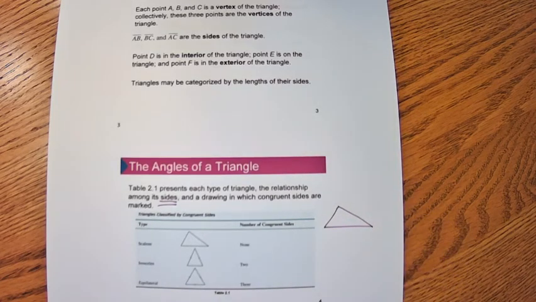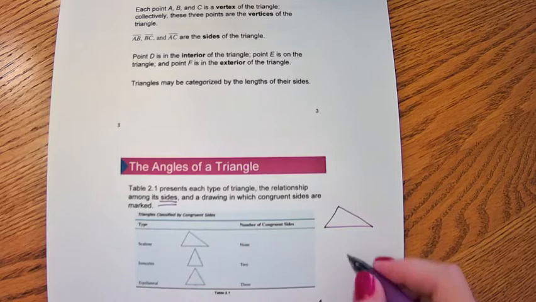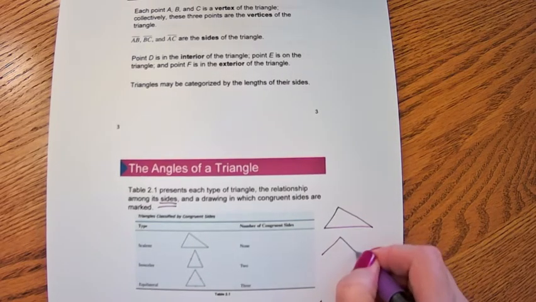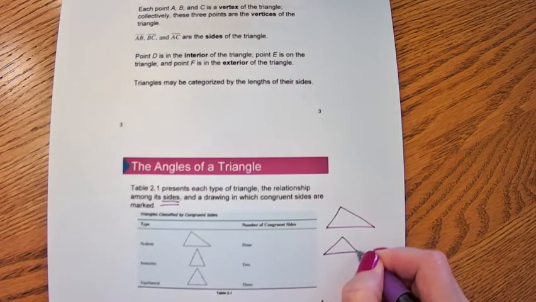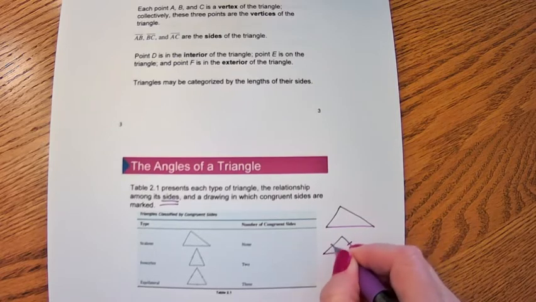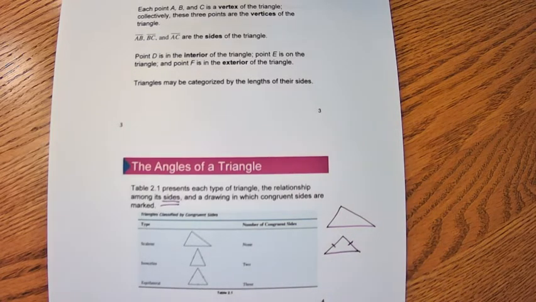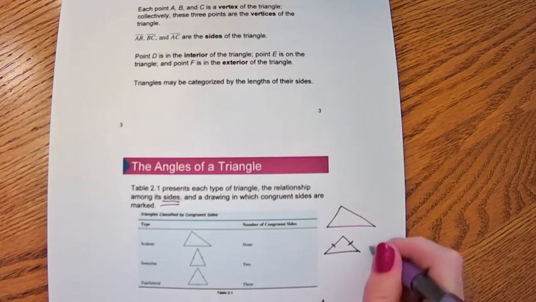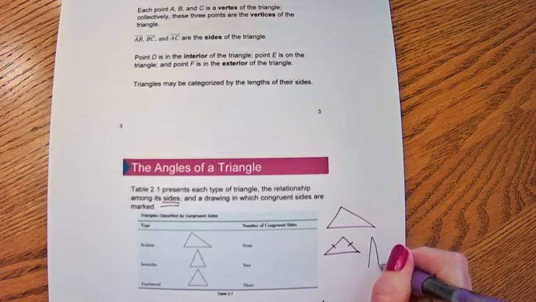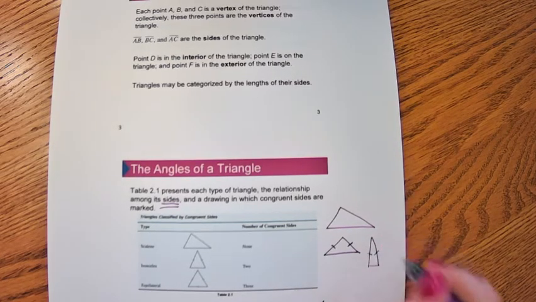That would be a scalene. An isosceles triangle has two sides that are congruent, and so the single ticks there are saying that those two sides are congruent. So that would be another example of an isosceles triangle.